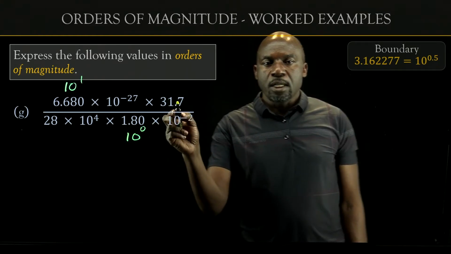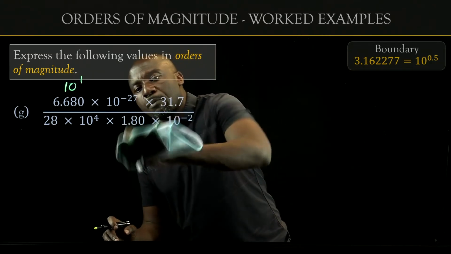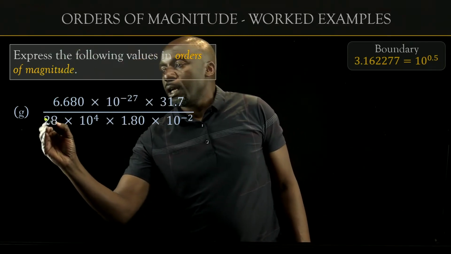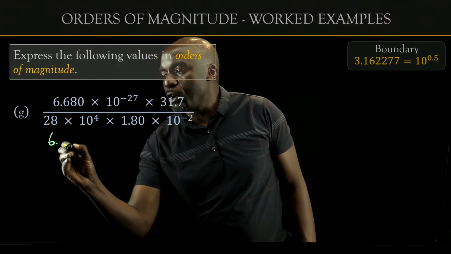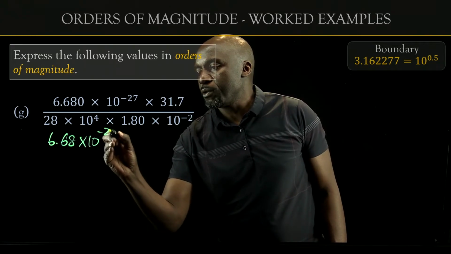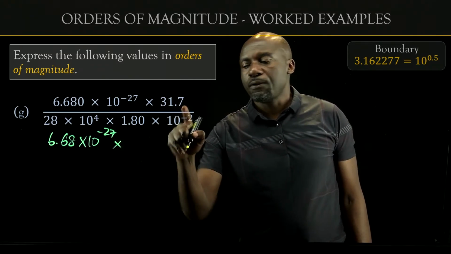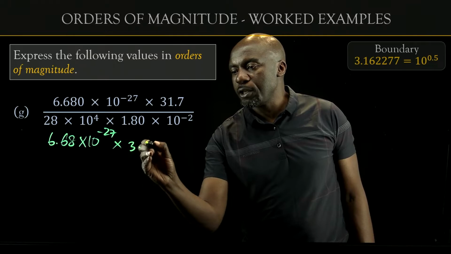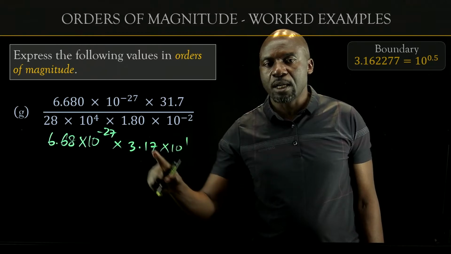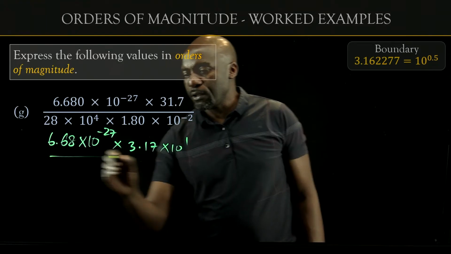Perhaps it's going to help to do it neatly. So I'll write here 6.68 multiplied by 10 to the power of minus 27. Then we are multiplying by 31.7, sorry, times 10 to the power of 1 in scientific notation. We can write this 28 in scientific notation.